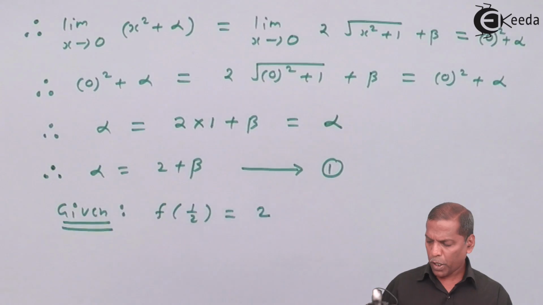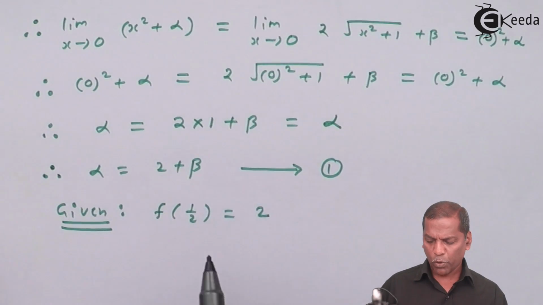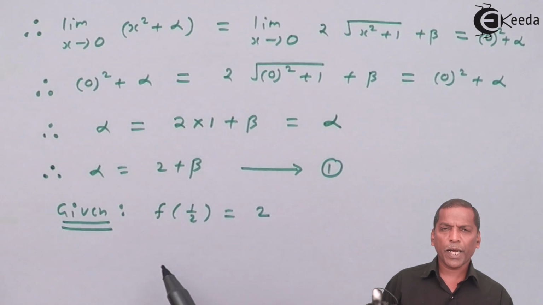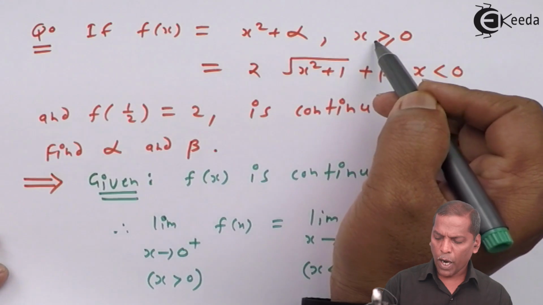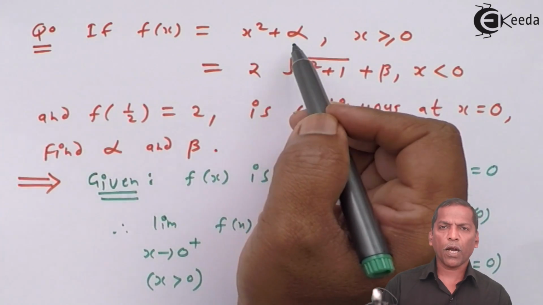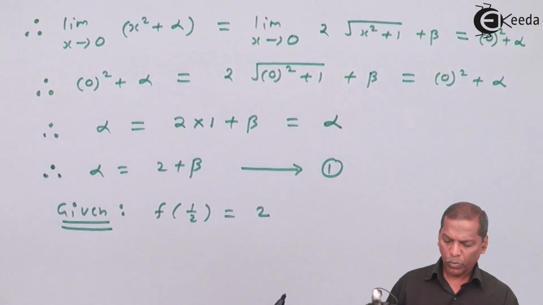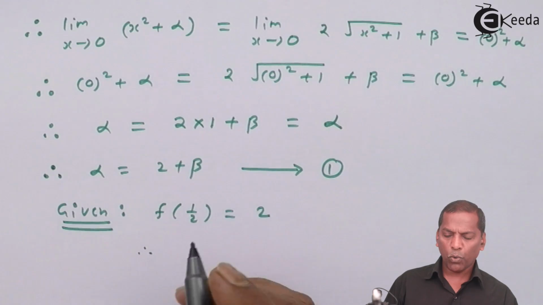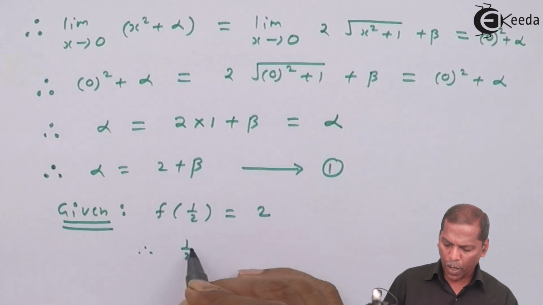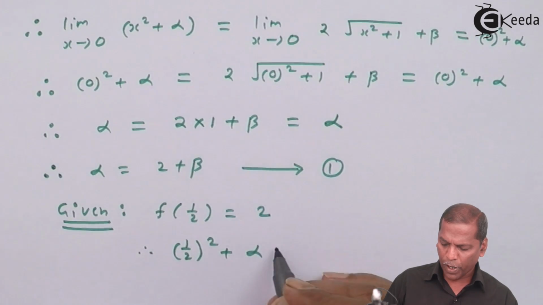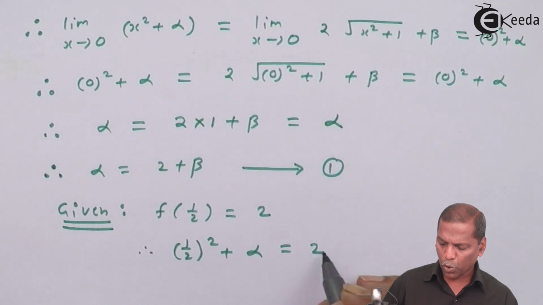Now here the bracket term, that is 1 by 2, is greater than 0, and for x greater than 0 again we have f of x is equal to x square plus alpha. So therefore f of 1 by 2 gives 1 by 2 the whole square plus alpha, and that equals 2.